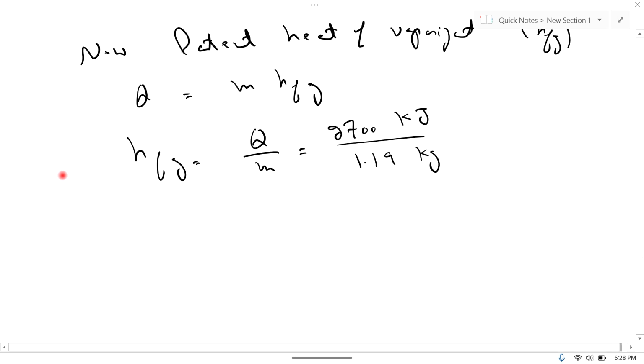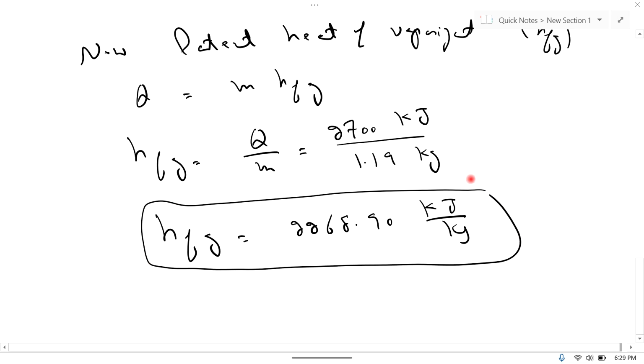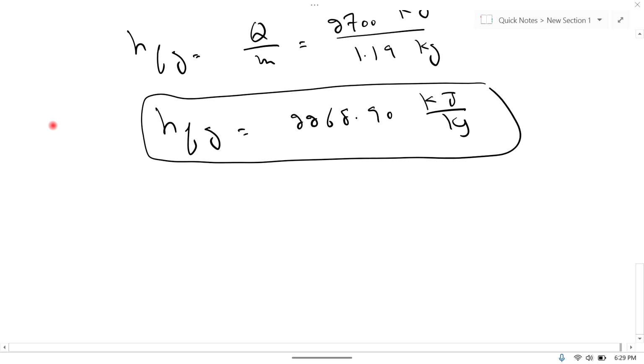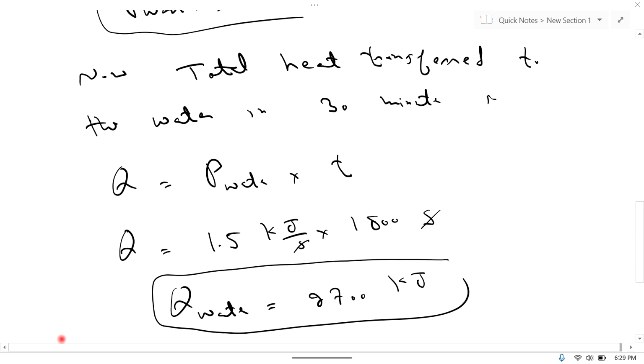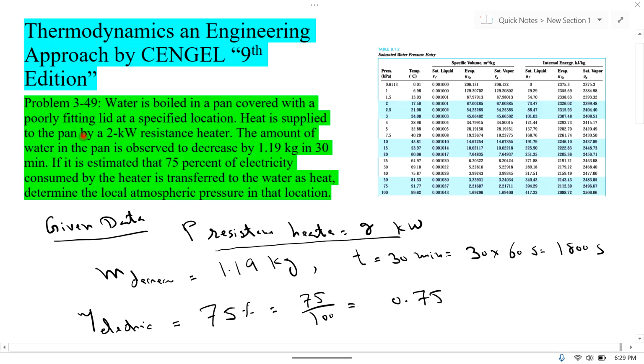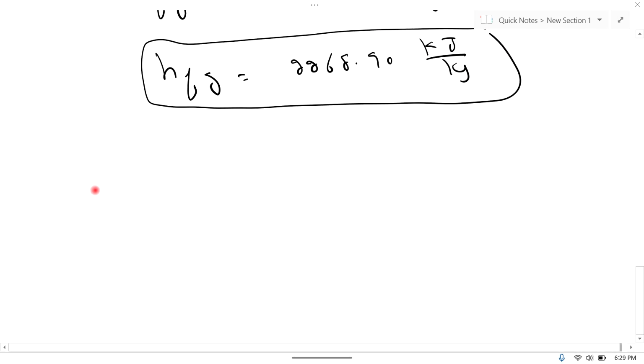So h_fg, or latent heat of vaporization, is 2268.90 kilojoule per kilogram. Now with the help of h_fg we can find the saturation pressure from the table.